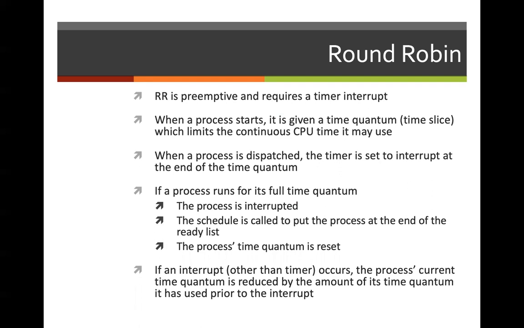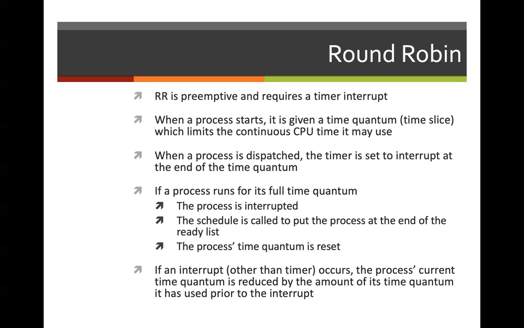So when a process starts, it is going to be given a time quantum, which limits the continuous CPU time that it can use. So at this point, we want to ensure that when a process is dispatched, the timer is set to interrupt at the end of the time quantum.